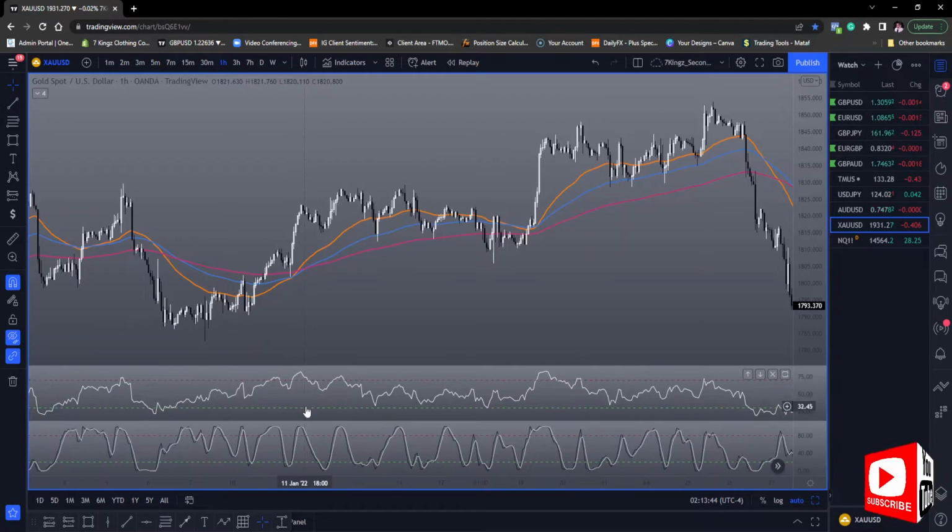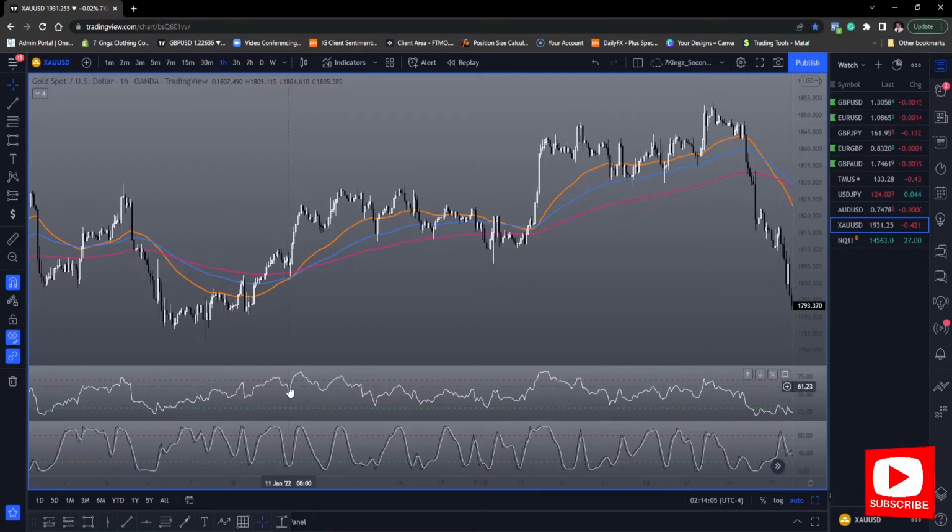And then this line down here is considered oversold. And so we're waiting for price to get below it and then cross back above it before we can react and get into a trade. We're looking for price to cross above it here and then cross back below before we can react and get into a trade.